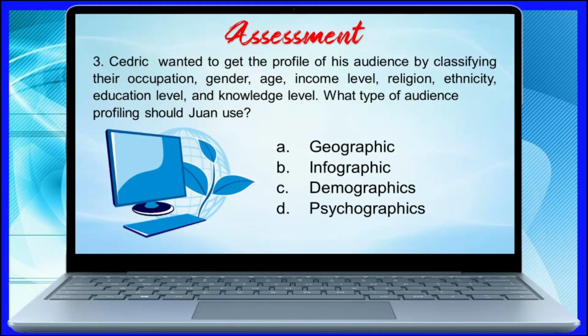Number 3. Cedric wanted to get the profile of his audience by classifying their occupation, gender, age, income level, religion, ethnicity, education level, and knowledge level. What type of audience profiling should Cedric use?